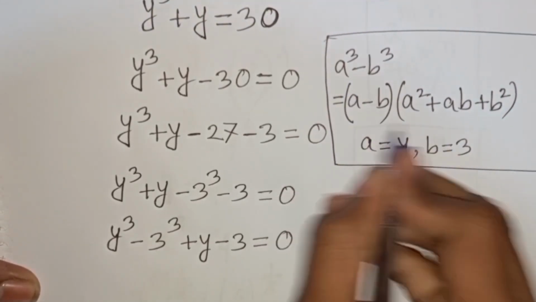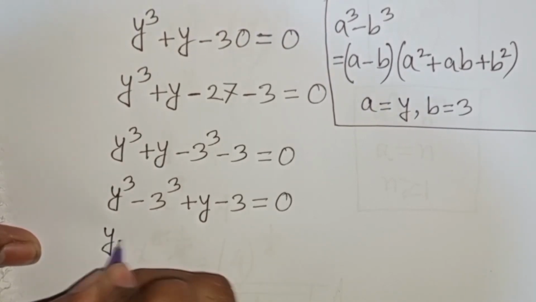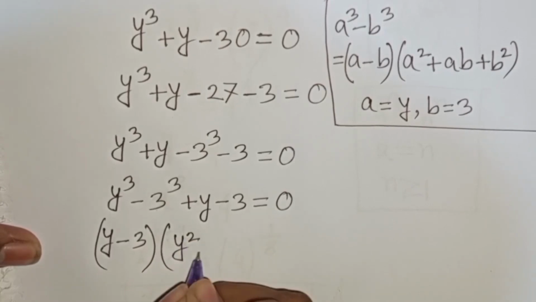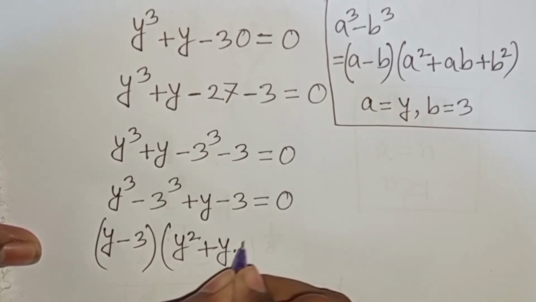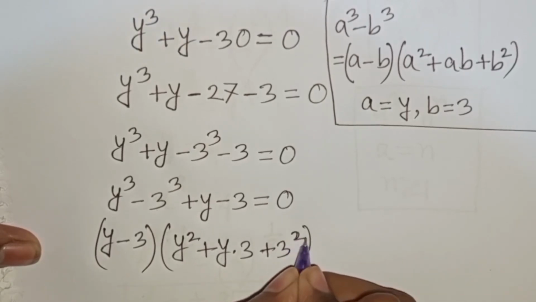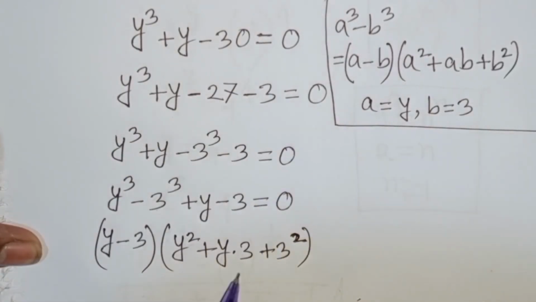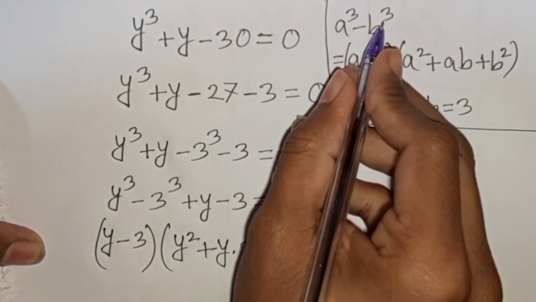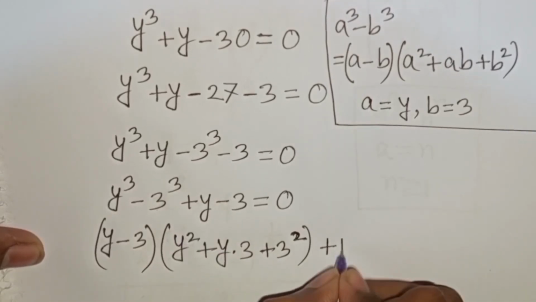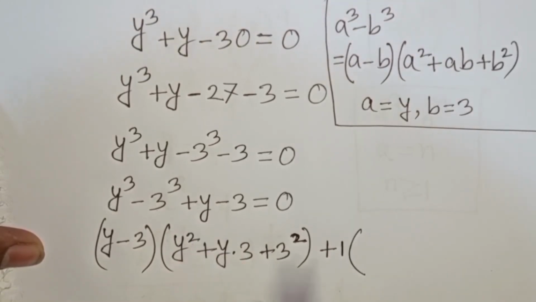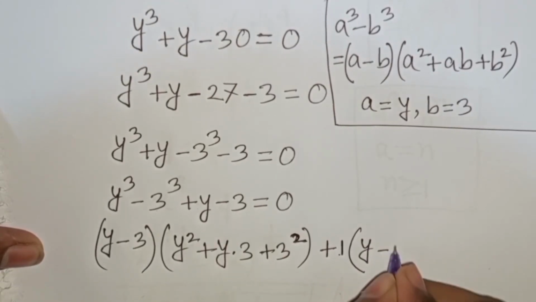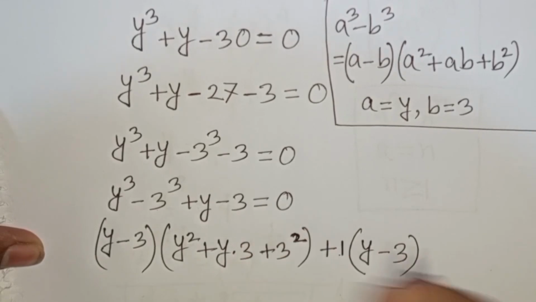So I can write here y minus 3 times y square plus y times 3 plus 3 square. That means this is the formula of a cube minus b cube. Then plus 1 is common, so plus 1 is out of the bracket, so this divided by this, that means it will be y minus 3 divided by plus 1, that means it will be minus 3, then bracket close is equal to 0.